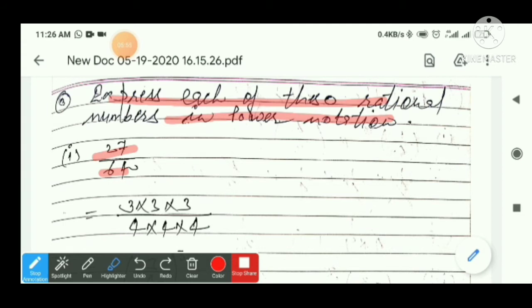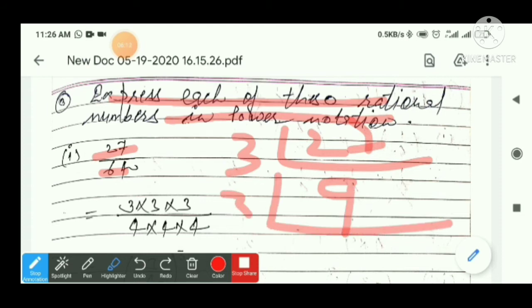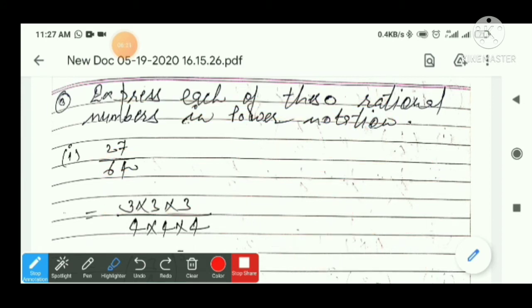Students, we have to use the prime factorization method. For 27: 3 threes are 9, 3 nines are 27. So it will be 3 multiplied by 3 multiplied by 3. And now 64.